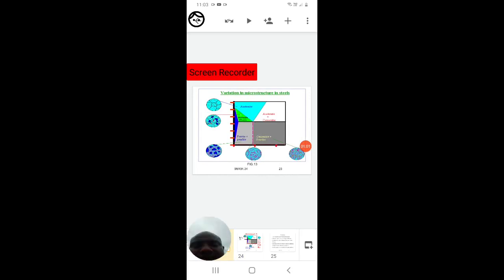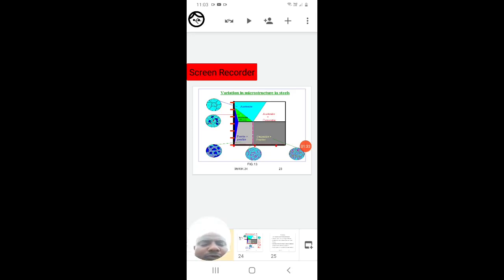In a binary system alloy, suppose you do cooling or heating. At 1539 degrees centigrade, the molten state or liquid state of iron, you add carbon content up to a maximum of 6.67 percent. Up to 2 percent is called steel. 0 to 2% is called steel.